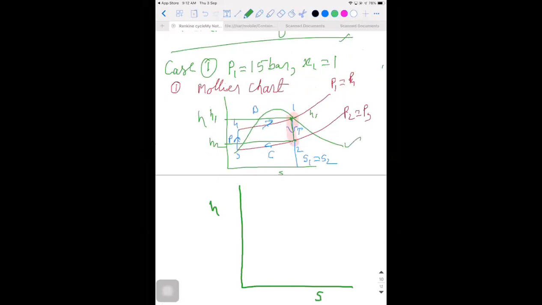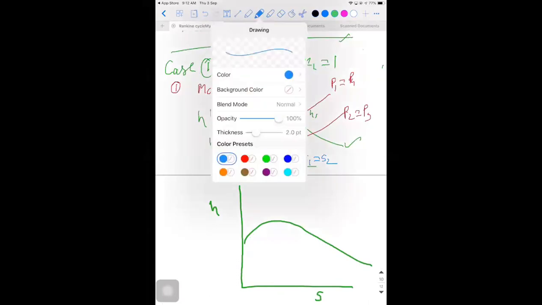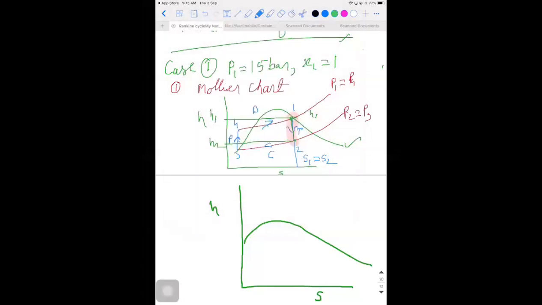And here I'm going to draw this working diagram. What is this? X is equal to 1.